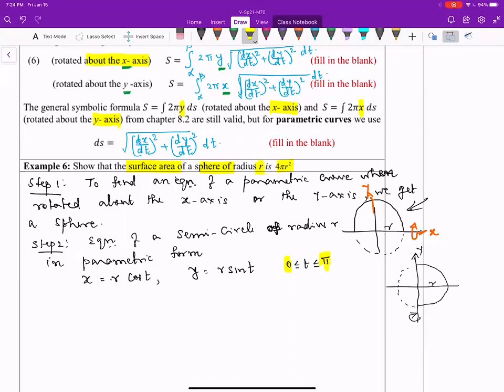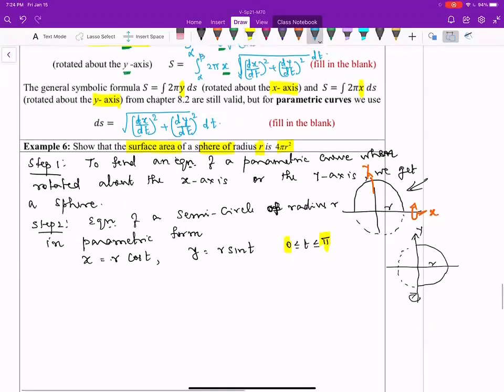Now let's apply the formula for surface area. We are going to rotate this about the x-axis.